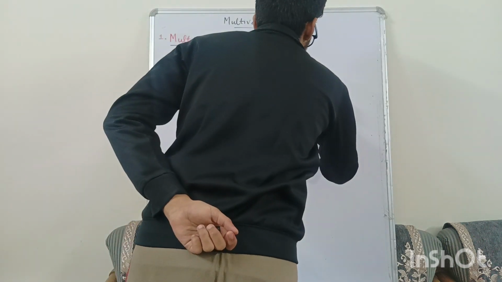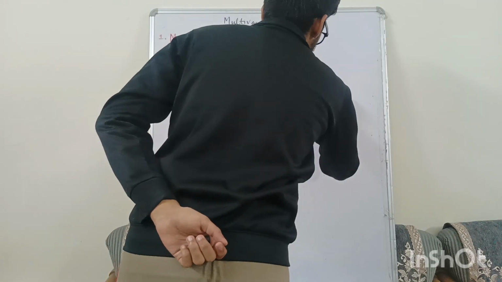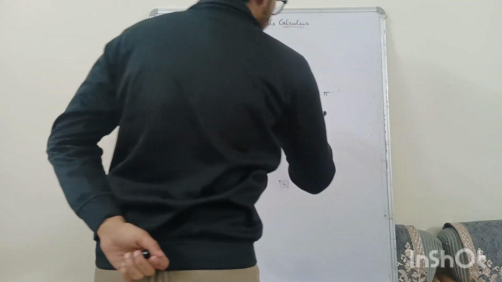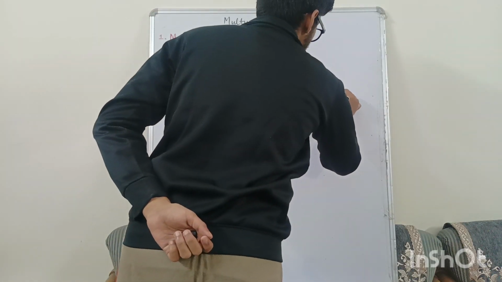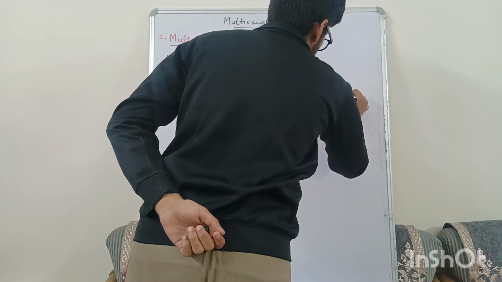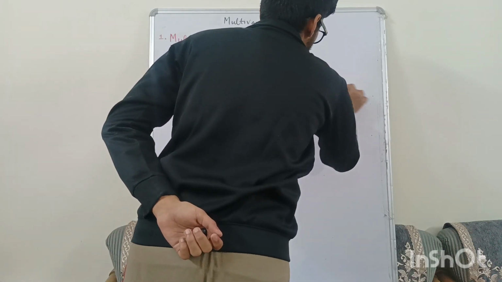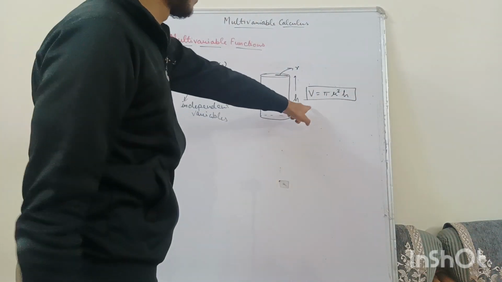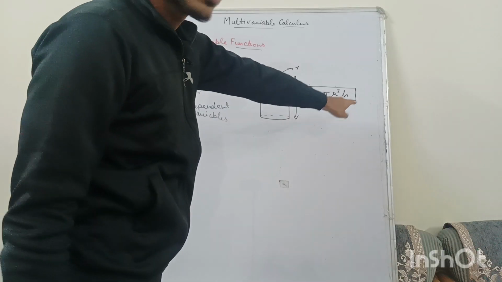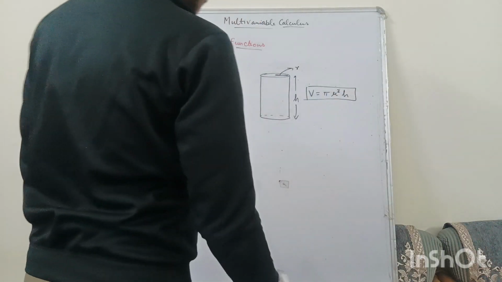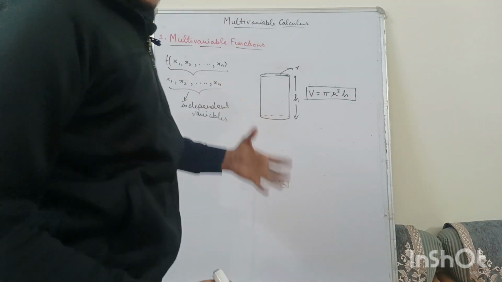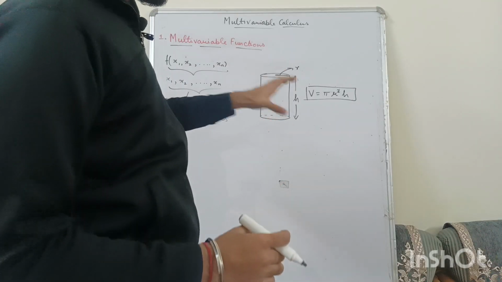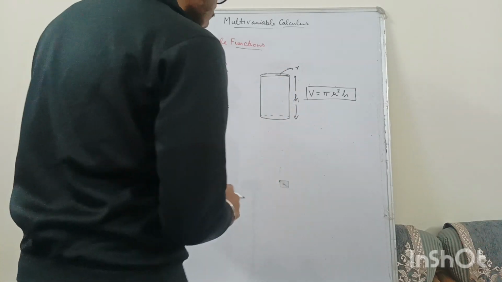So we know the volume of the cylinder can be calculated using the formula pi times the radius squared into height. Right? We all know this formula, that the volume of a cylinder is given by pi times the square of the radius into height. Now, just closely observe the formula.